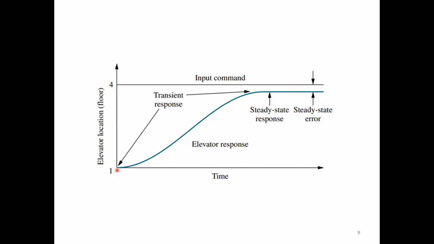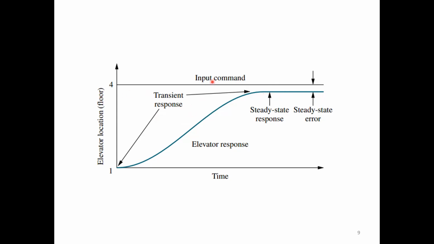So whenever you push the elevator from the 1st floor to the 4th floor, the elevator will move up, but it will take some time. It will not go instantly. This slow response is known as the transient response. And the steady state position is the final position.